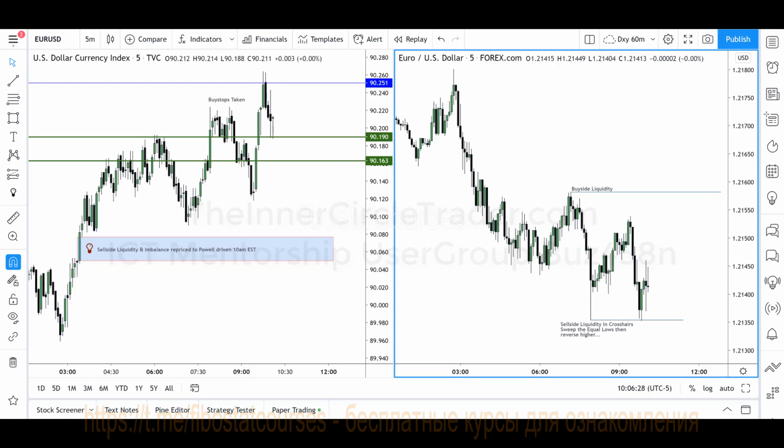Okay, you notice it's essentially about 7 minutes after 10 at the time of the recording. Notice it is not the replay feature. The candles are forming dynamically. They're not static new candles.